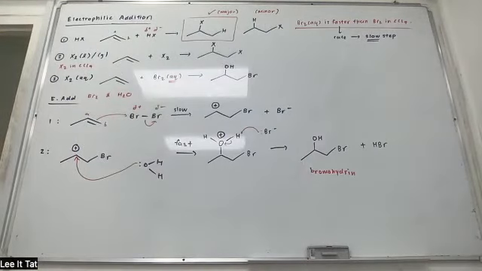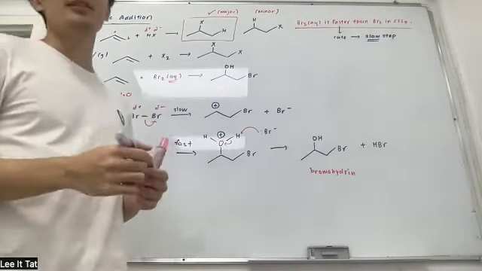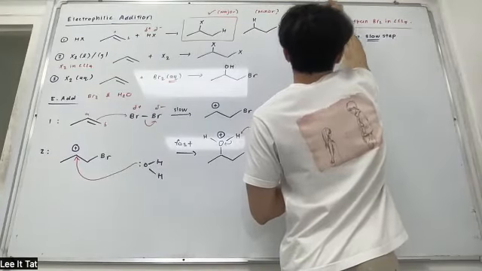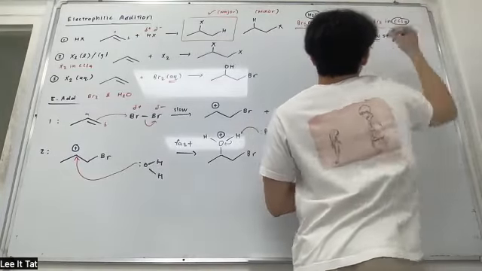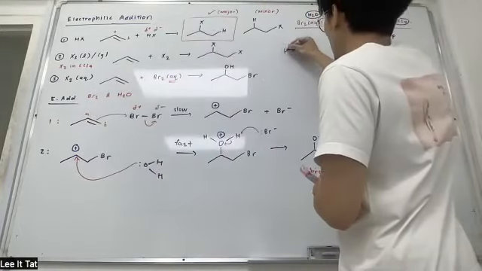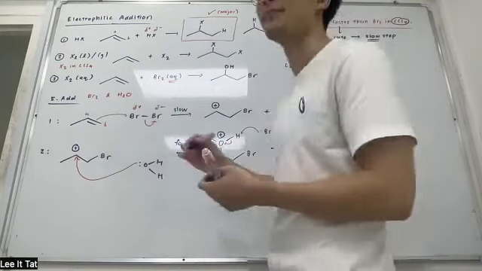And what's the difference between Br2 aqueous and Br2 in CCl4? Aqueous means what again? In water. CCl4 is just another solvent, right? What's the difference between these two solvents? Water and CCl4, what kind of solvents are they?